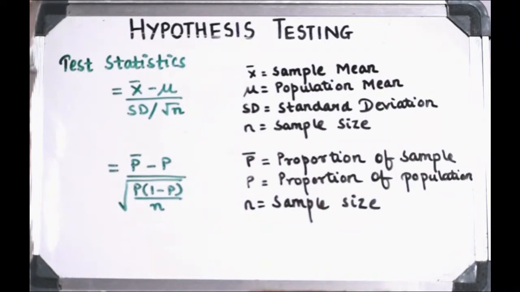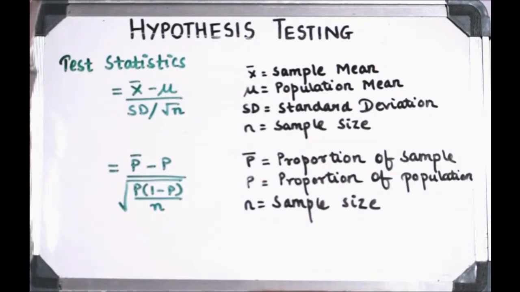If you can see on the board, there are two formulas. The first formula is x bar minus mu divided by the standard deviation divided by root n. If you are going for z-test, this would be the formula, and if you are going for t-test also, this would be the formula. The standard deviation here would represent the standard deviation of the sample, and for z-test it will be the standard deviation of the population.